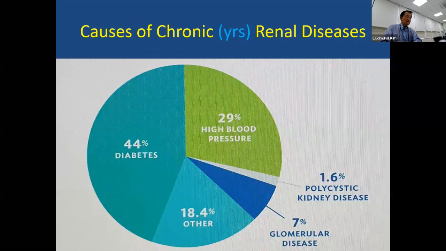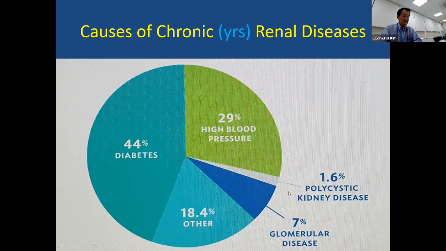So in chronic renal disease nowadays, diabetes contributes to almost half. So this is a serious problem, diabetes. Diabetes is basically related to microangiopathy affecting the brain, heart, kidney, all things. And certainly high blood pressure, hypertension, damage.